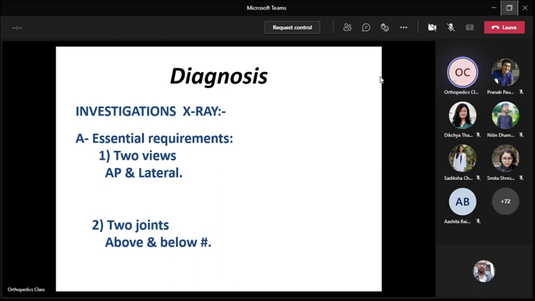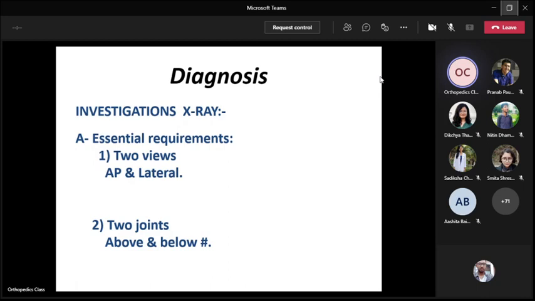So if there is only one view, sometimes you may miss the fracture. That's why we always ask for two views. Most of the time it's the conventional AP and lateral view. But there are certain areas where we ask for special views from the X-ray, which will be dealt with in the respective topics.